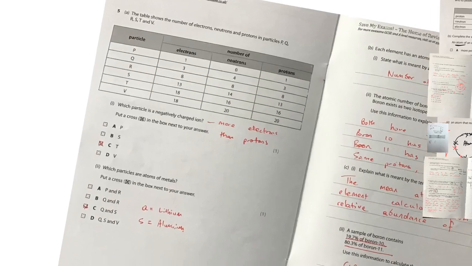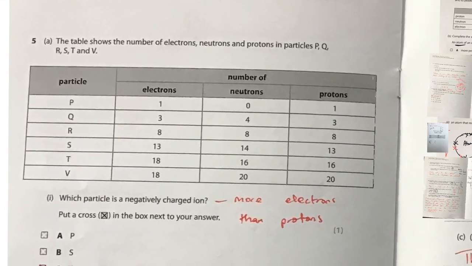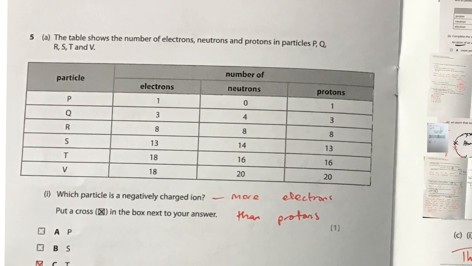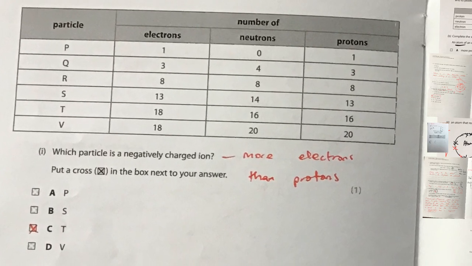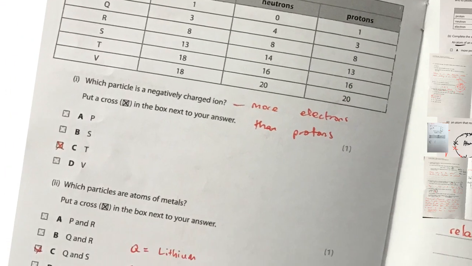Okay. Last question then. Nice little table again. So we've got 6 different particles here, and we've got some information on them. So we're looking for which is a negatively charged ion. So I've stated we need more electrons than protons here. Obviously, if we're looking through, we're just looking at this difference here. So we've got the only one, T, T's got 18 electrons and 16 protons. So that's our negative one there.